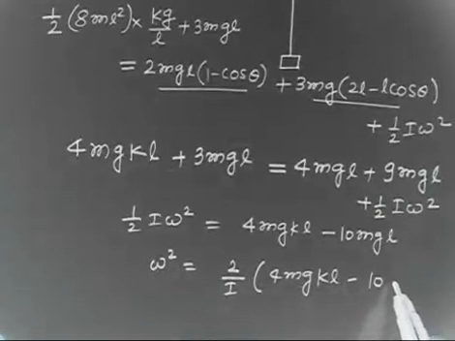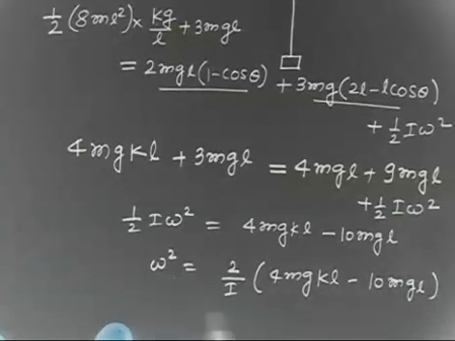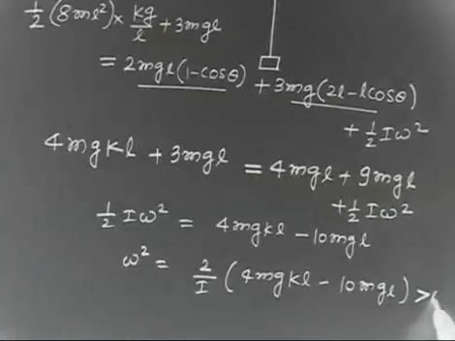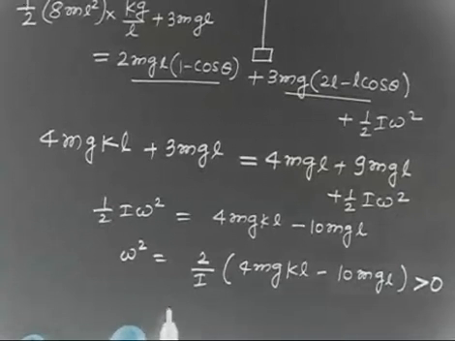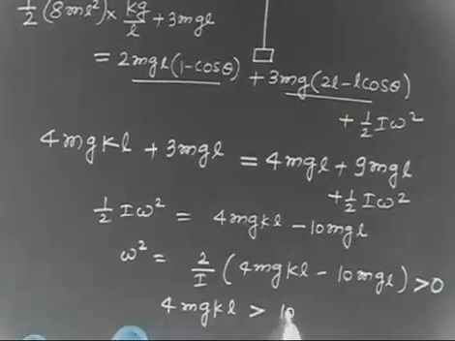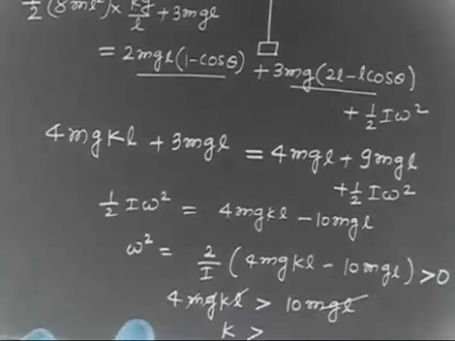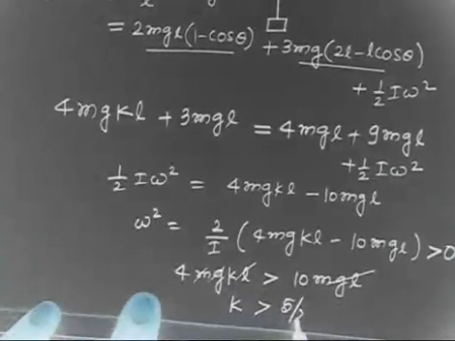I am not putting the value of I because it does not matter. Now I need this omega squared to be greater than 0 if it reaches this point. So 4mgkl should be greater than 10mgl. The mgl goes out, so k should be greater than 5 by 2. That is the condition.